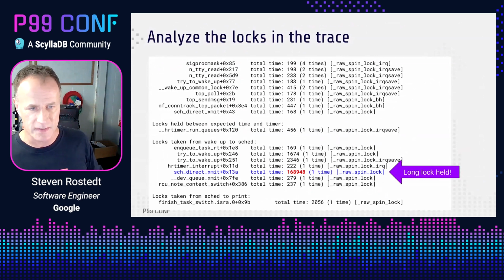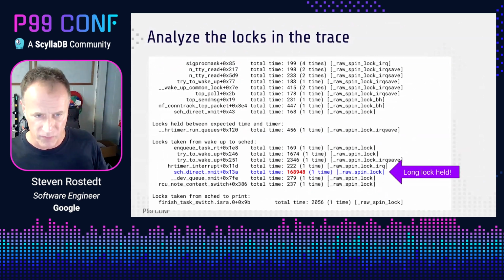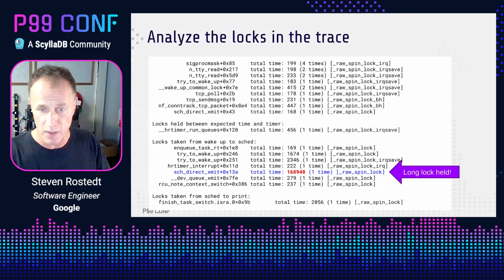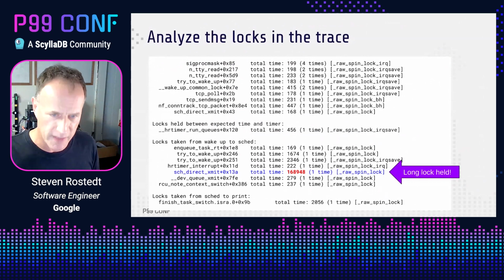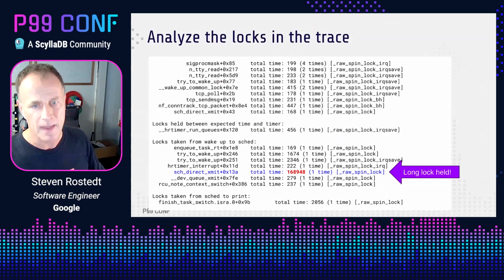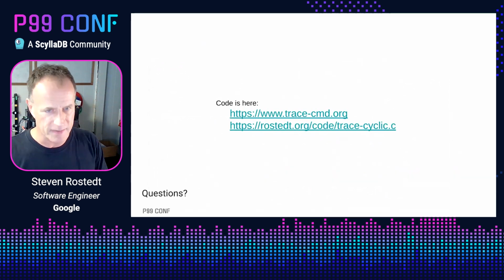That's probably because the lock was taken earlier, before the timer interrupt went off, because interrupts might have been enabled. But when a spin lock is held, even though interrupts are enabled, you can't preempt. It has to finish until the lock is released before something can schedule in. So even though it could have gone off at 168, the timer went off later, and it still was a long latency.